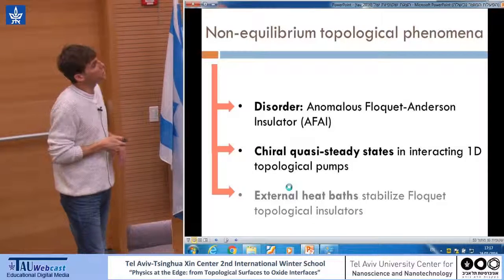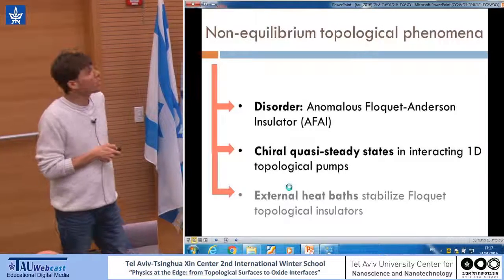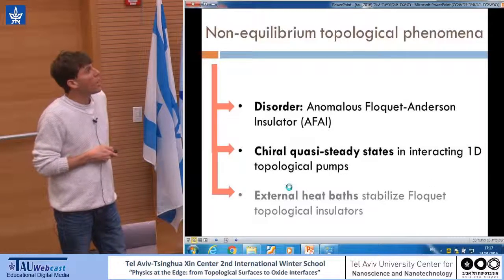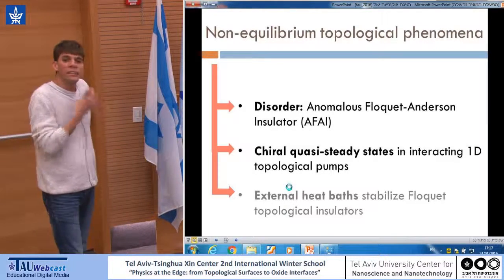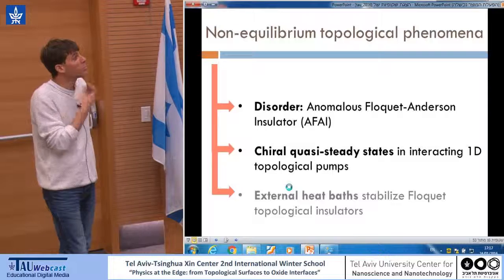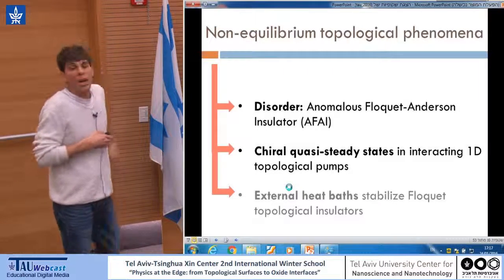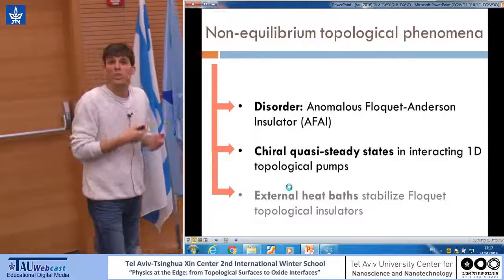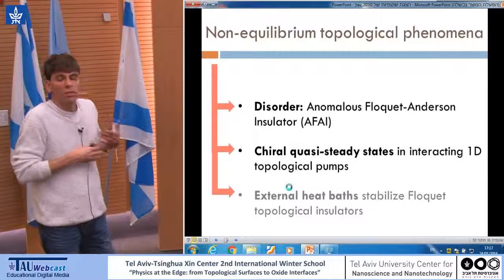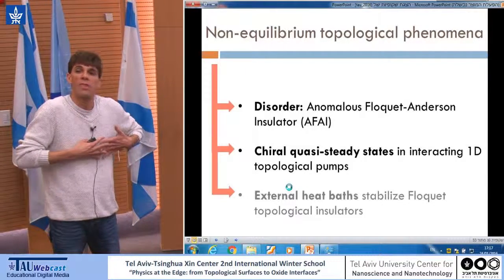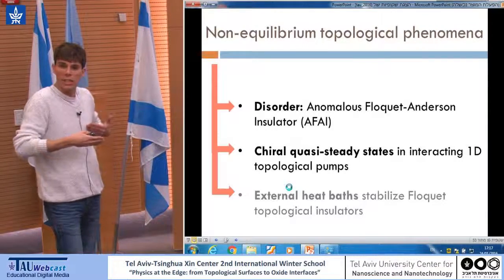One of them is to consider disordered systems, and I'm going to show that in disorder-driven systems, there is an interesting phase which we call the anomalous Floquet-Anderson insulator, which is fully localized yet topological at the same time. So this will be one possible avenue, and this system could basically be non-ergodic yet topological at the same time. A different avenue was to consider quasi-steady states, so intermediate time behavior between this kind of infinite temperature state and the initial state.